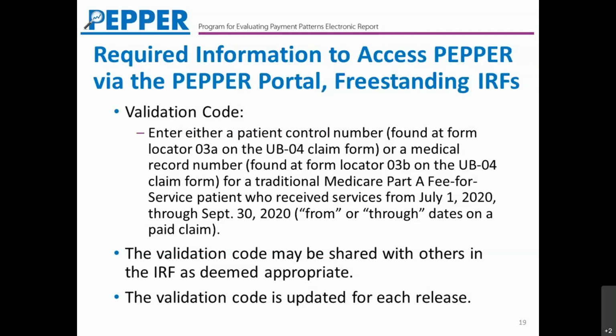For a traditional Medicare Part A fee-for-service patient who received services from July 1st, 2020 through September 30th, 2020, that would be the from or through dates on the claim. And again, you can share that validation code, you can share that PEPPER as you deem appropriate. And those validation codes are updated for each release.